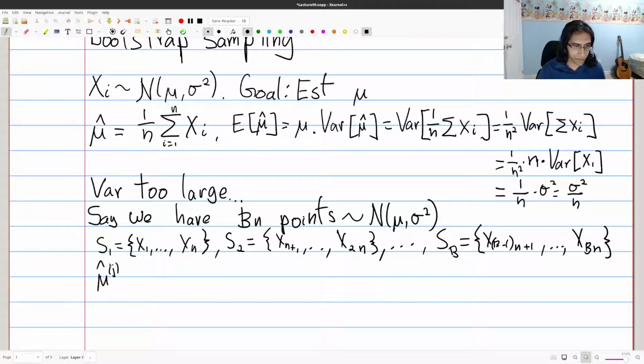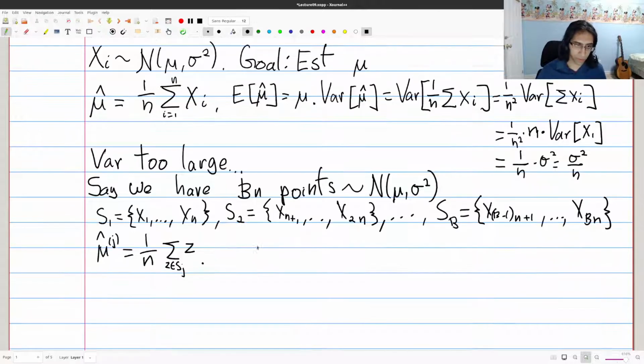So that will just be 1 over n, summation over z in s j of z. This is just saying that the jth estimator that we're going to use for this mean is just averaging the points within the respective set. Okay, that's good.